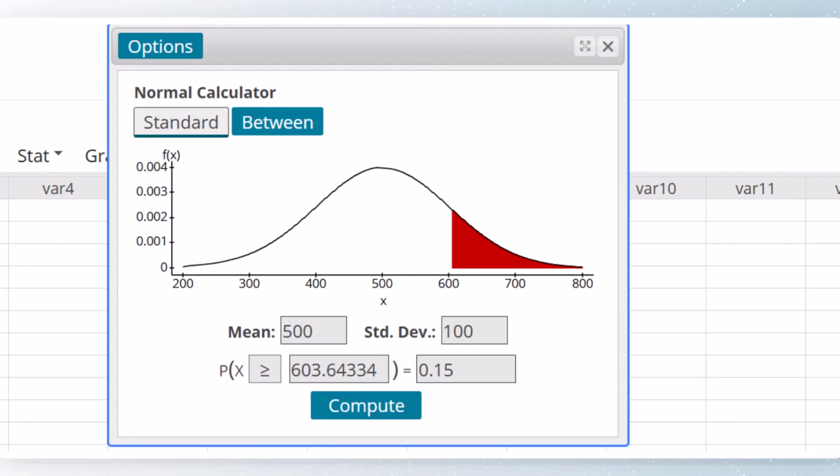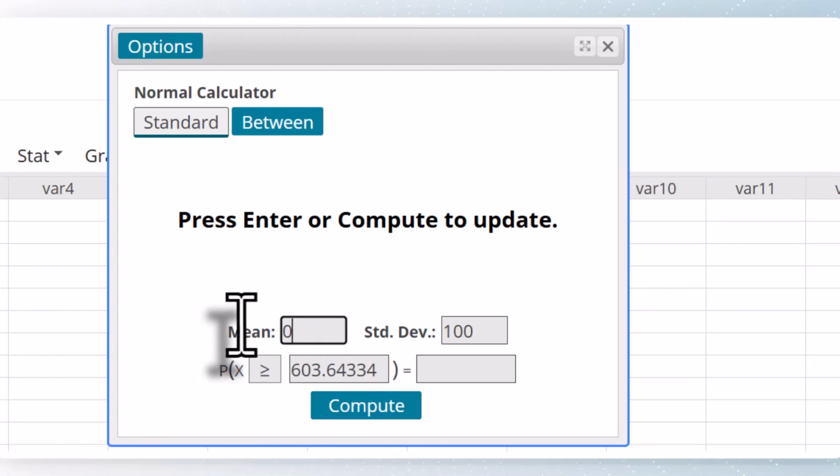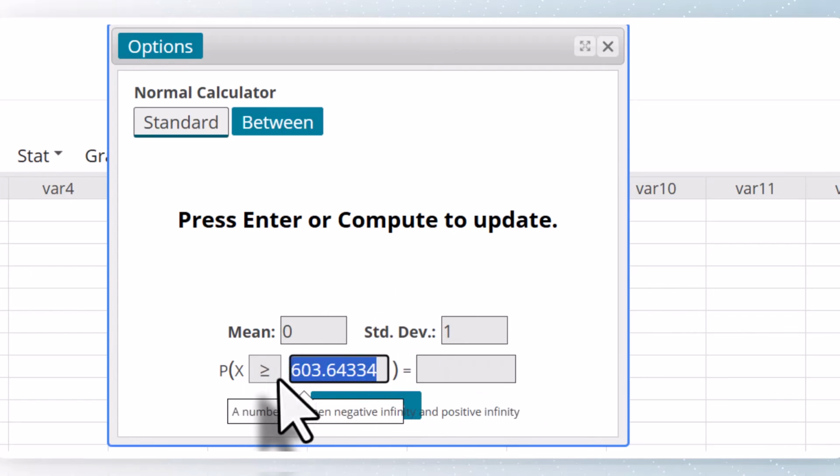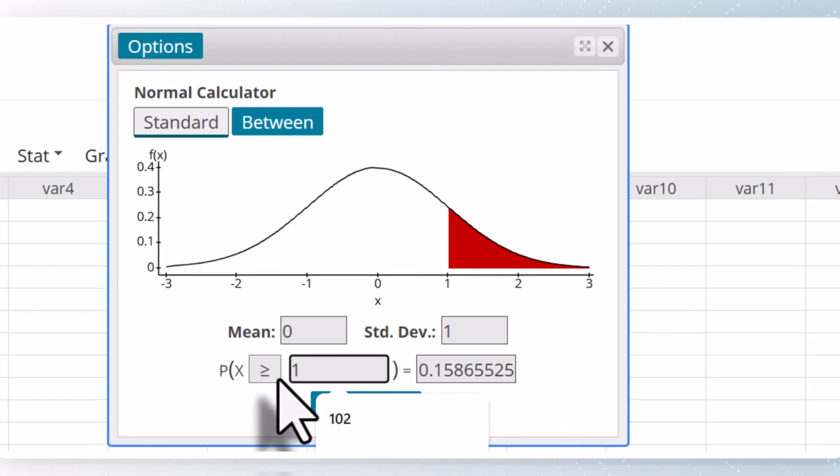Now, another thing here, if he asks you to find, for example, a probability of z greater than 1, he won't give you the mean and the standard deviation, because in the case of z, the mean is 0 and the standard deviation is always 1. So probability of z greater than 1 will be this.